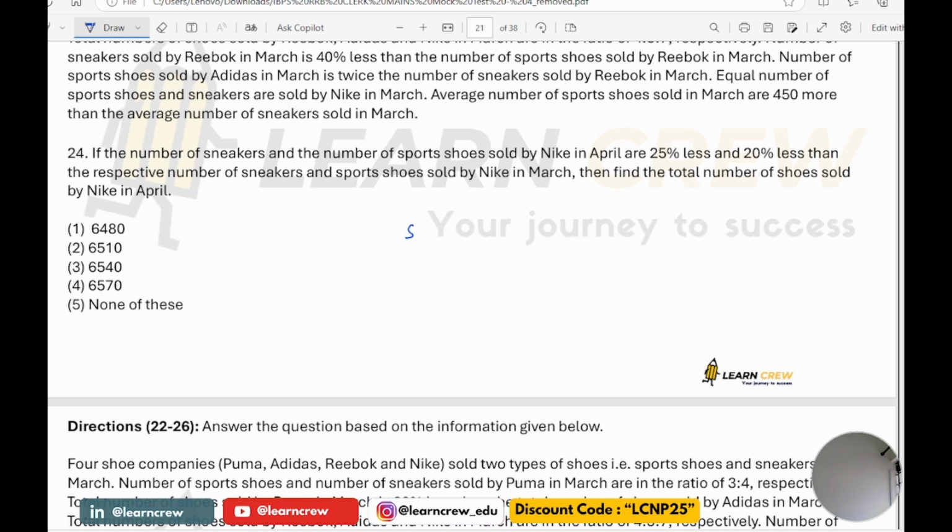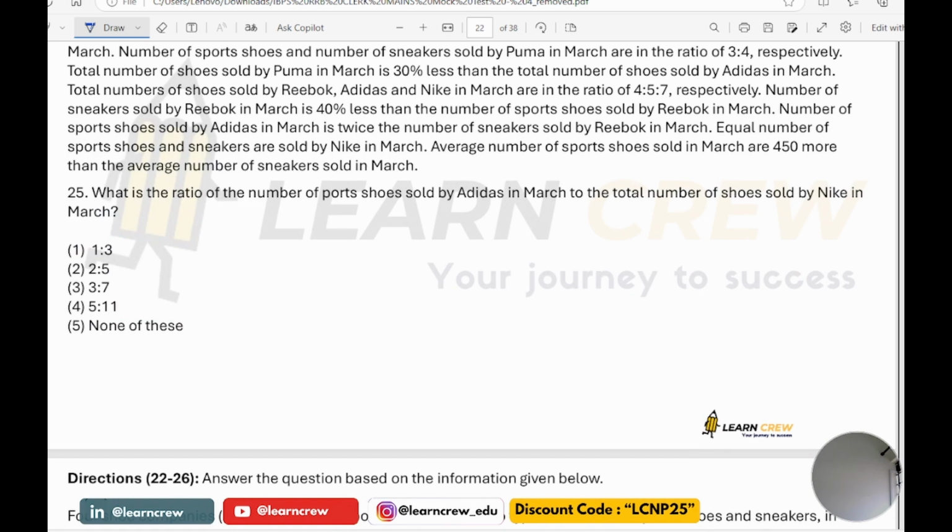Sneakers by Nike in April would be 3/4 of 4200, which is 3150. Number of sports shoes by Nike in April is how much? 80%, 4/5 of 4200, which is 3360. What is the sum of these two? 6510.